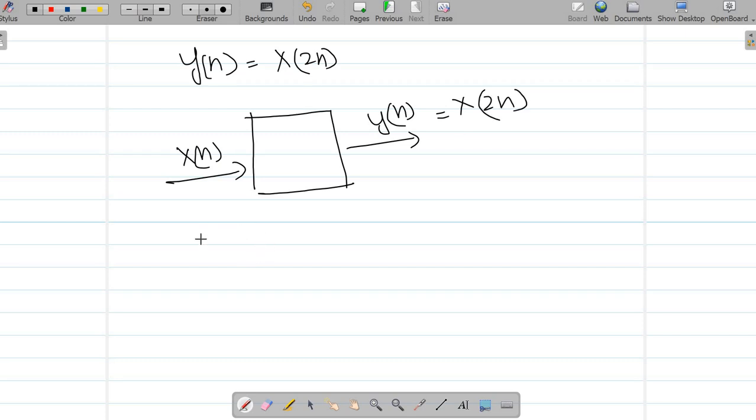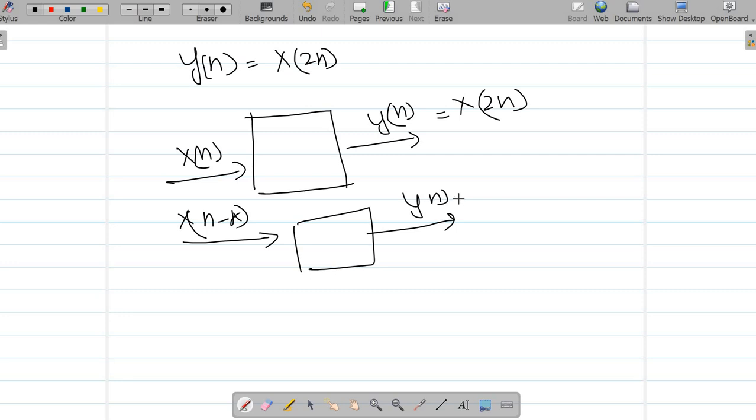Now I pass a time shifted input to the block, and I get an output y of n comma k, that is x of 2n minus k.